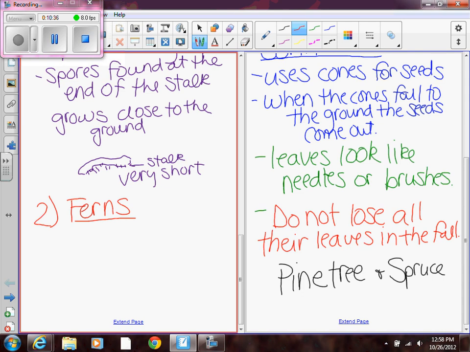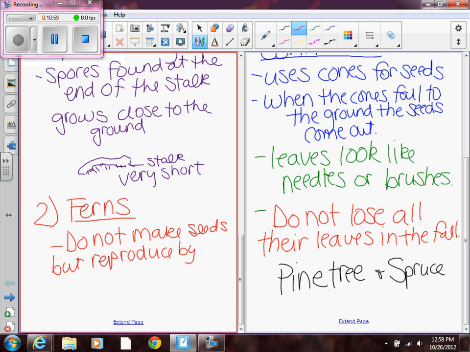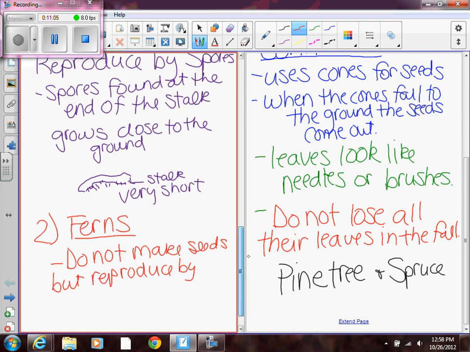They don't make seeds, but they reproduce how? How do they reproduce?